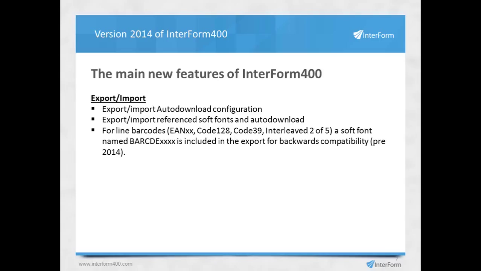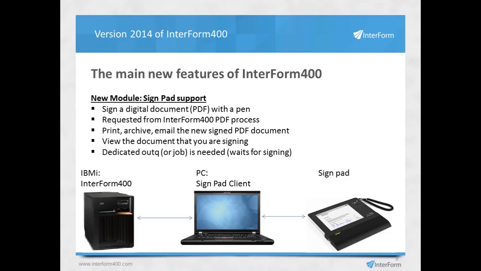So it means that we are backwards compatible, and if you import such an export file in the older versions, you can simply install not only the font number but also this special subfont and link them together in auto-download.